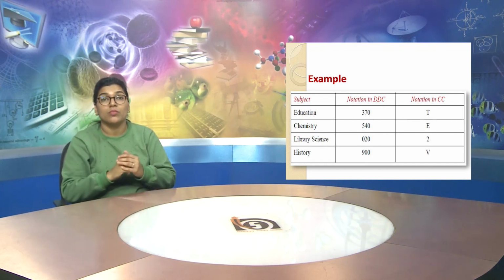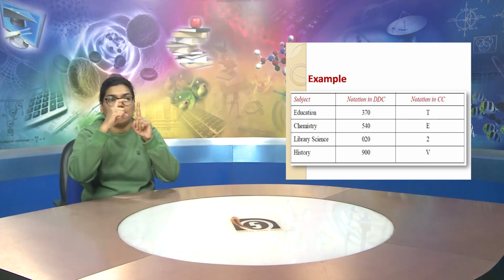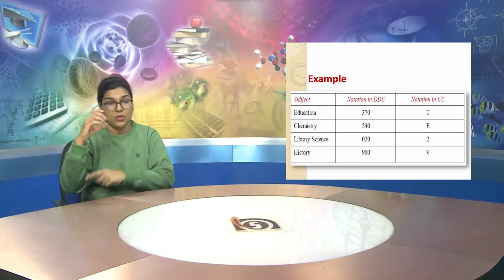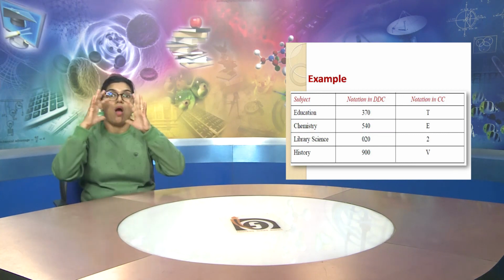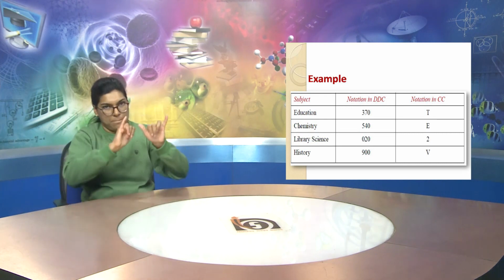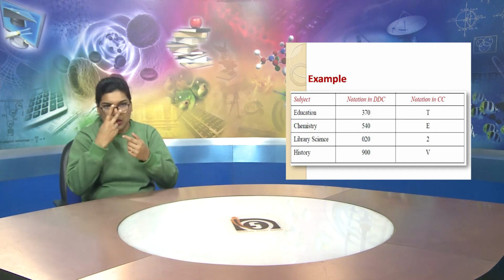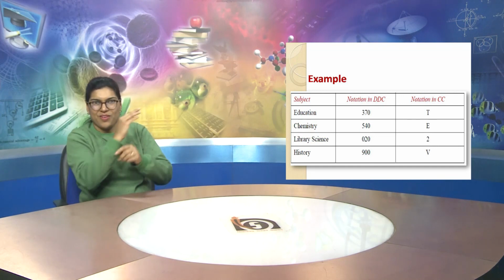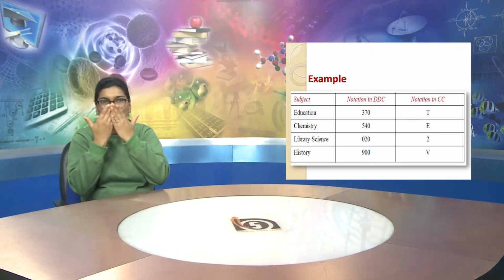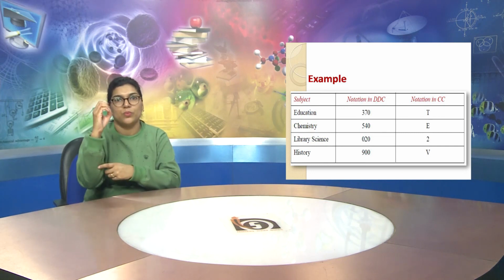And in the middle column, you can see the word DDC is written. Let me tell you, DDC is a notation which is used internationally. So in the first column, subject, you can see the word education.